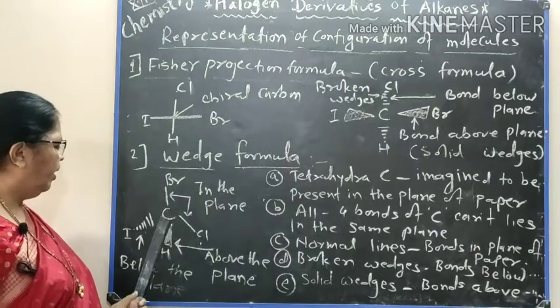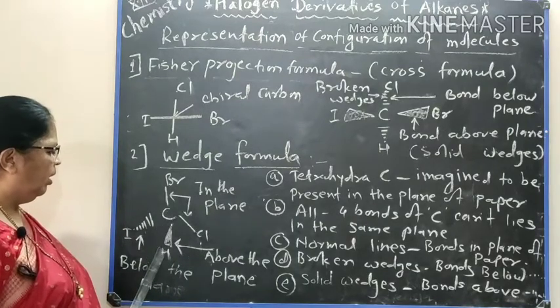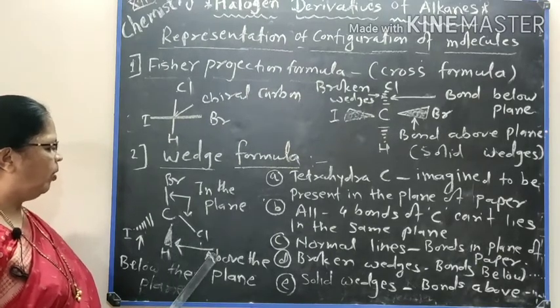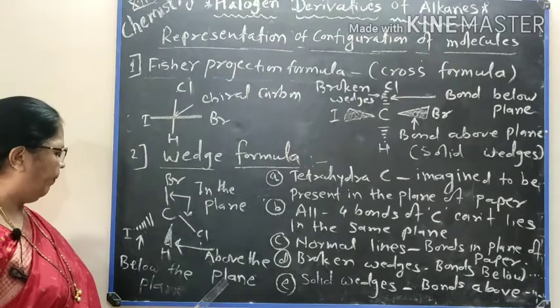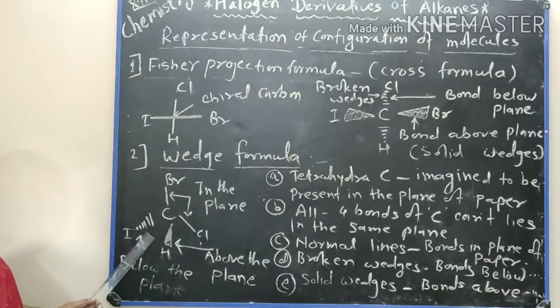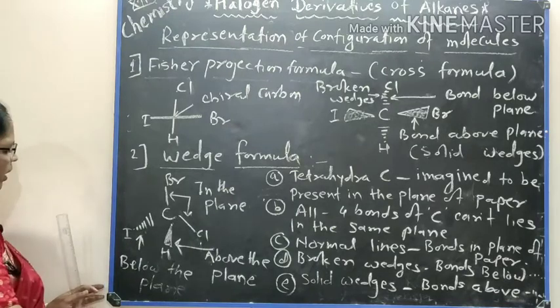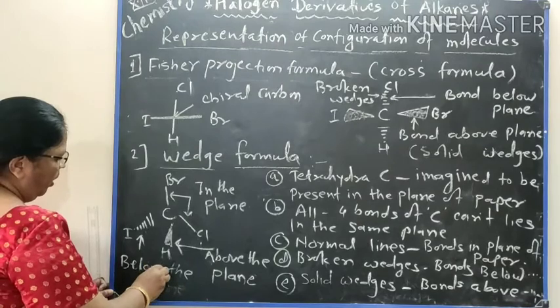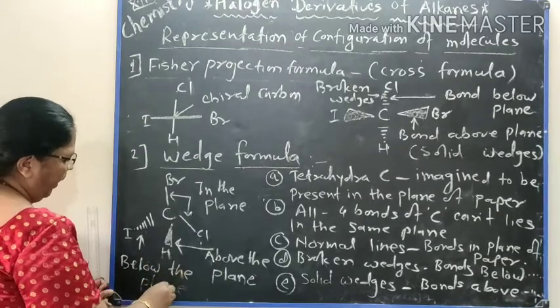When the carbon and hydrogen bond is represented by a solid wedge, this shows the bond is above the plane. And when carbon and iodine are represented by a broken wedge, this shows the bond is below the plane.